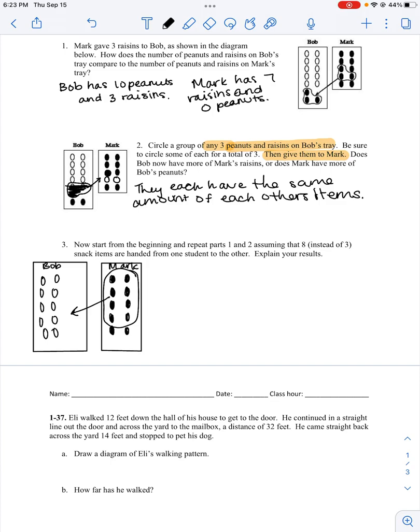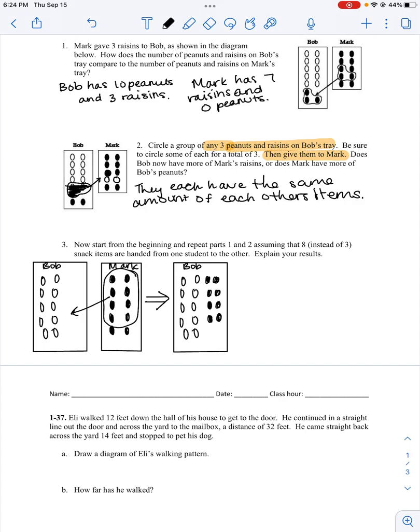Now Bob has, I'm going to copy this because this is what I want. Bob now has all 10 of his peanuts plus 8 of Mark's raisins.